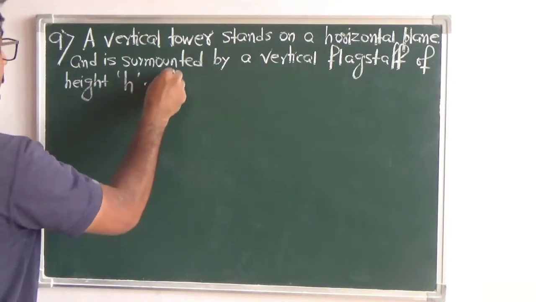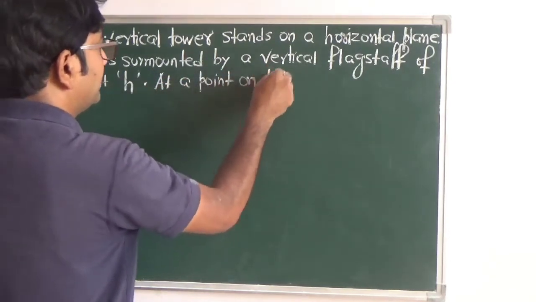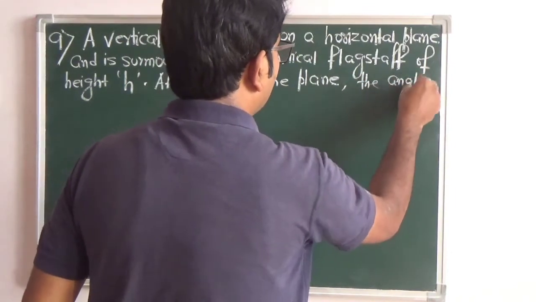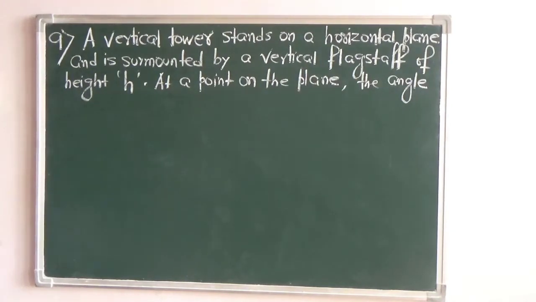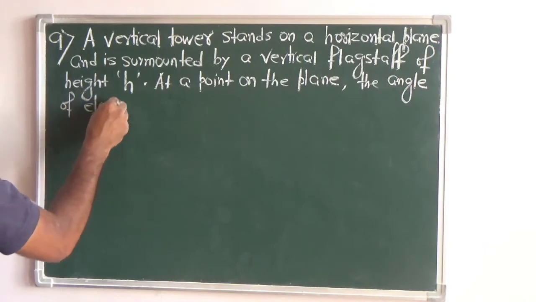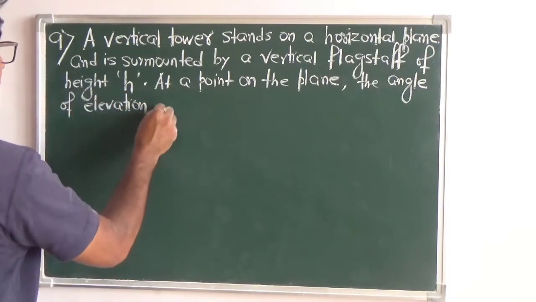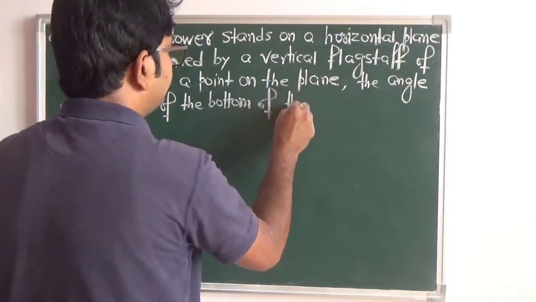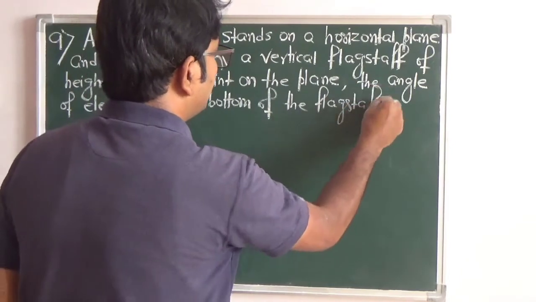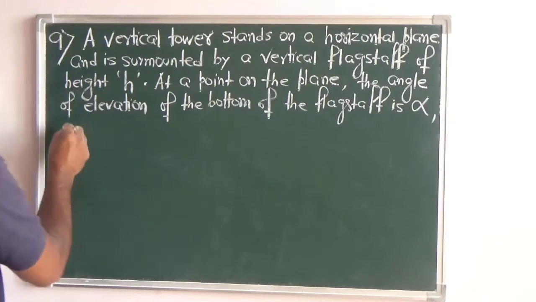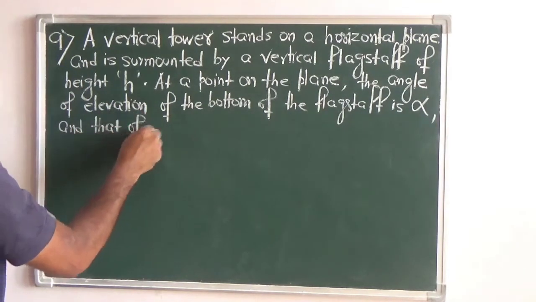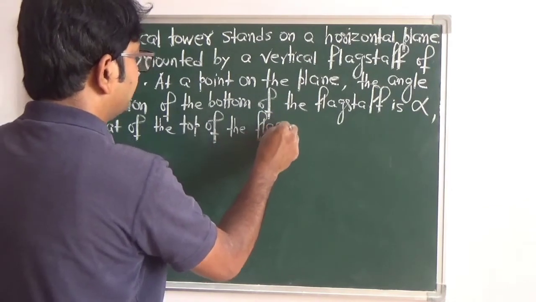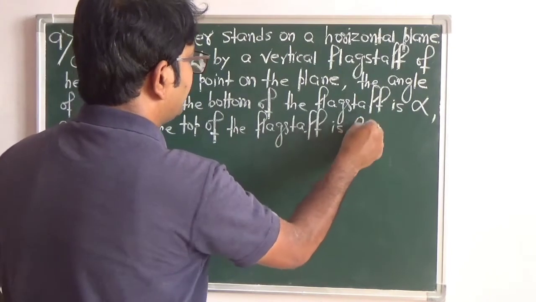At a point on the plane, the angle of elevation of the bottom of the flagstaff is alpha and that of the top of the flagstaff is beta.